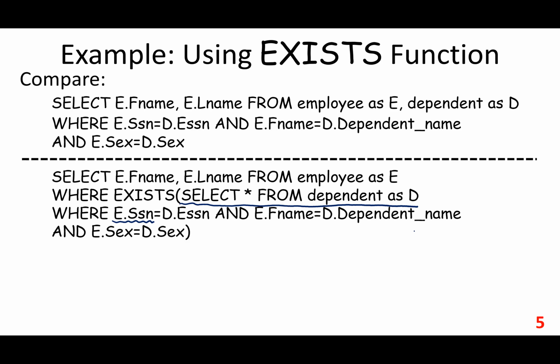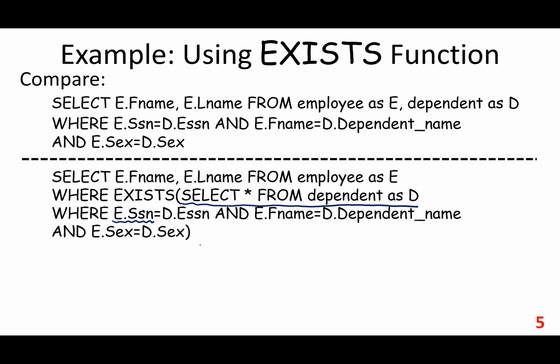So we do the table join on the same key, and another condition: the first name of the employee is the same as the dependent name, and also the same sex. This inner statement, we check if it's empty or not.